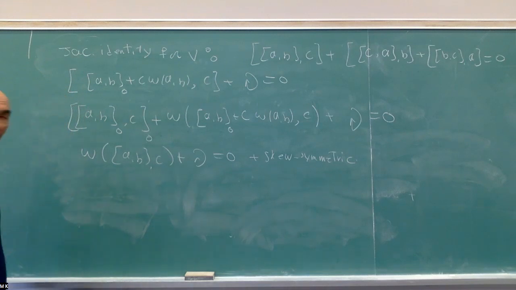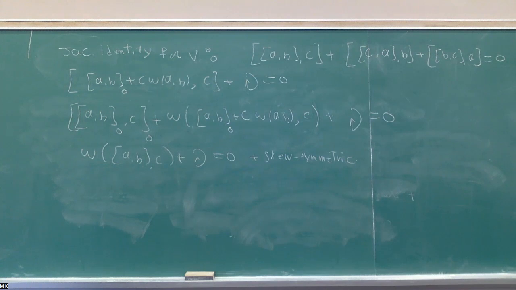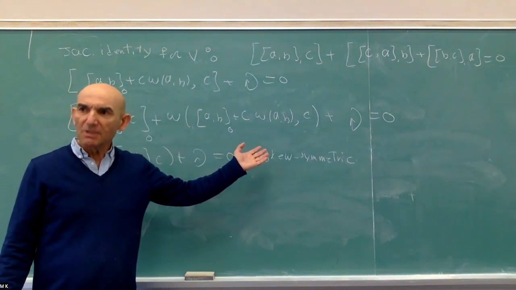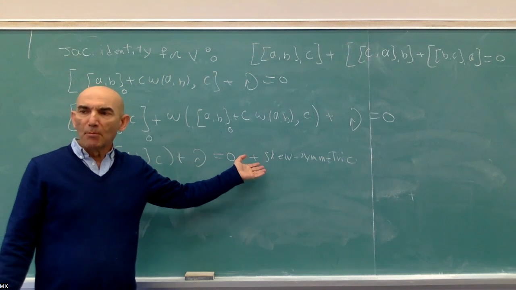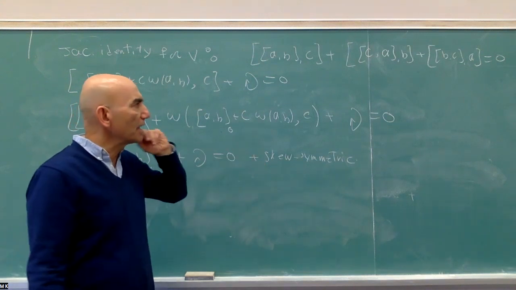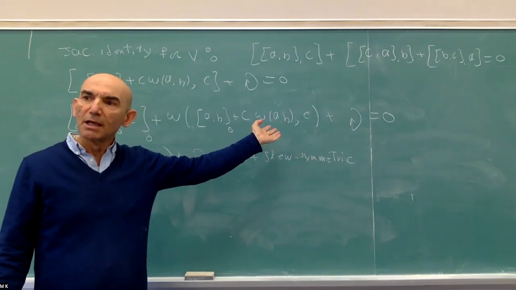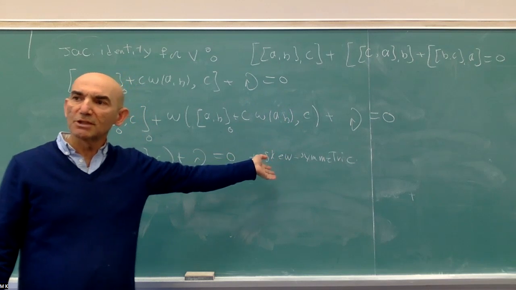May I ask a question? Yeah, sure. Doesn't it always exist? Can we always find such a skew symmetric one? No, I mean, of course, 0 is always going to give you an answer. But that's not interesting. What you have to do in each case is compute that second Lie algebra cohomology and show what its dimension is.